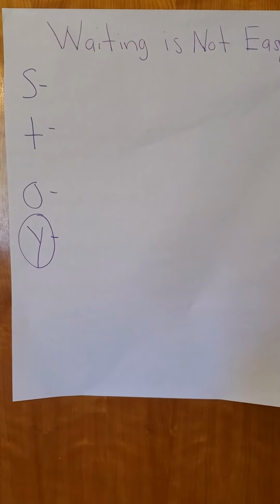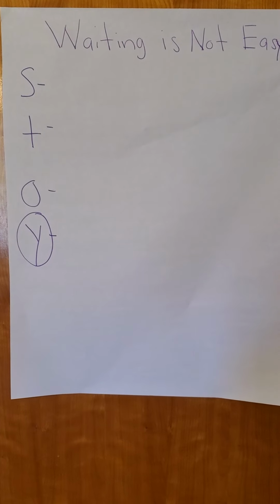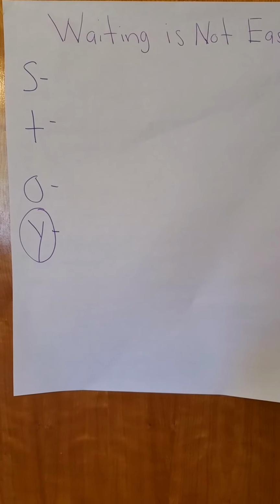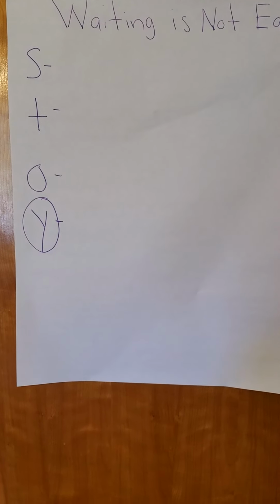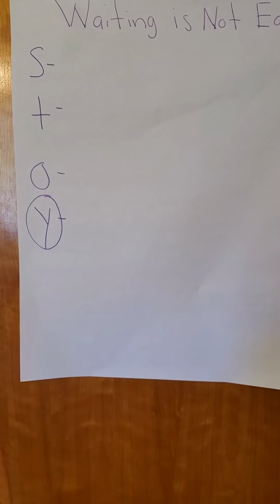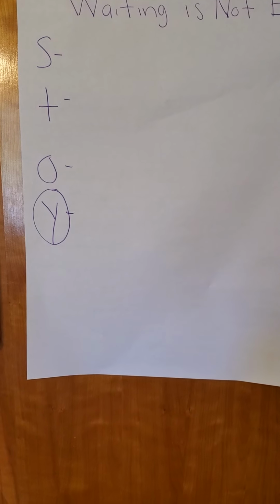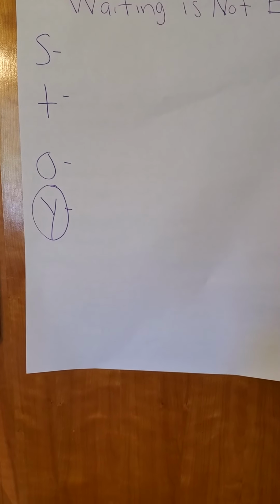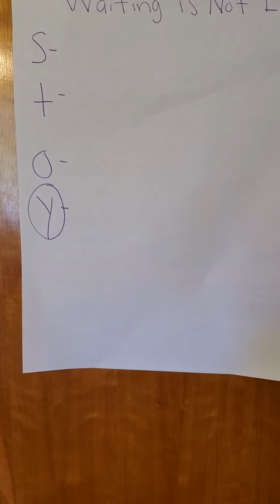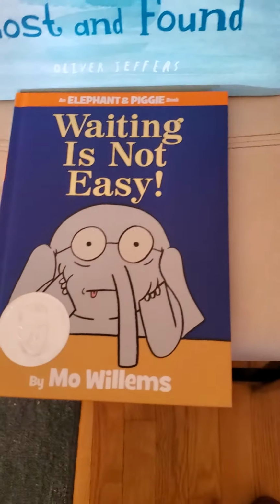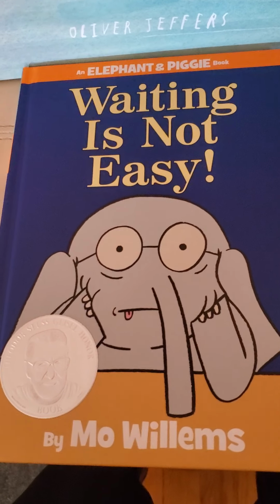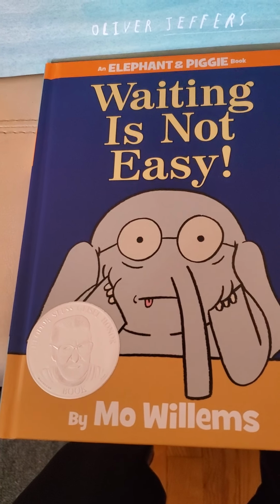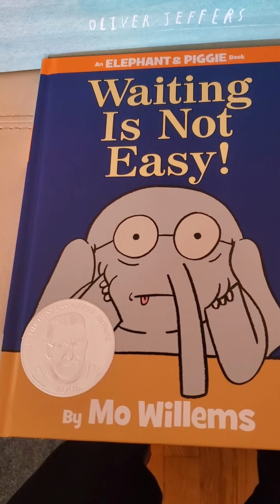So we're going to fill in the S, the T, the O, and this week's skill is the Y. Yes, it's fixed. How is it fixed? That is what the solution is. How the problem is fixed in the story is the solution. And again, our story for Monday is Waiting Is Not Easy by Mo Willems.